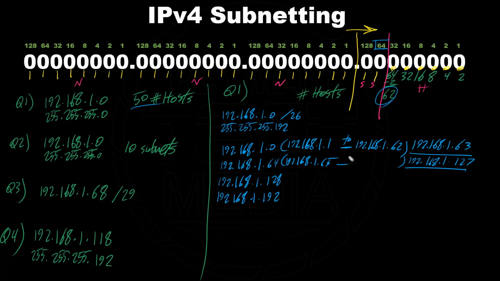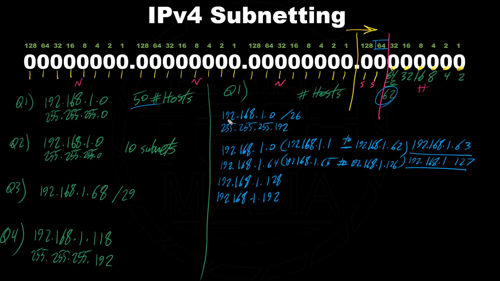And it goes to 192.168.1.126, one less than the broadcast address, 127. That's the range. So 1.65, 1.66, 1.67, and so on. When it gets to 1.126, that's the last available IP address. 1.127 is the broadcast address, and 1.128 is the next subnet address.